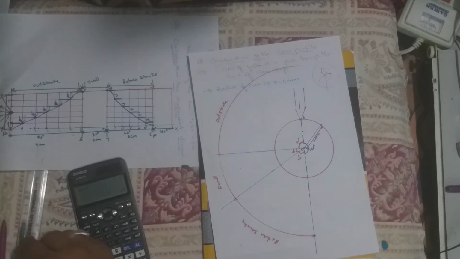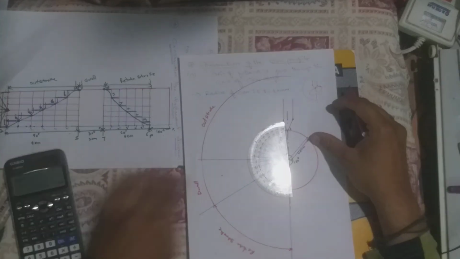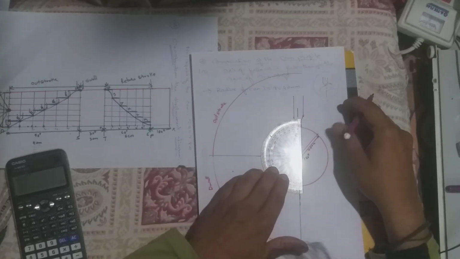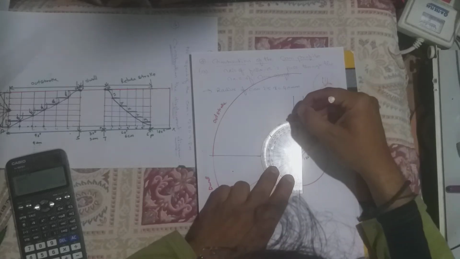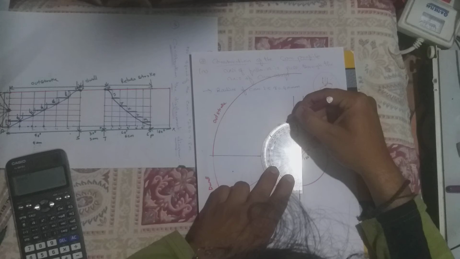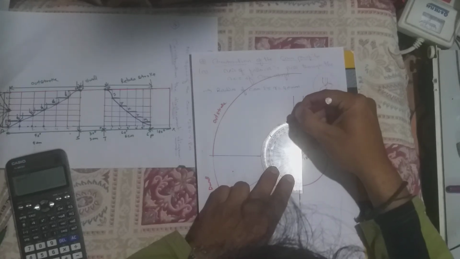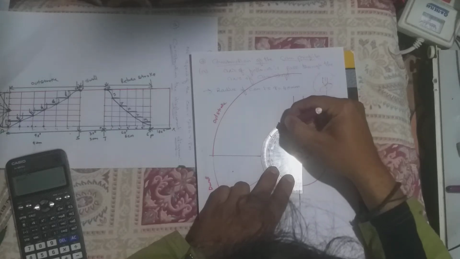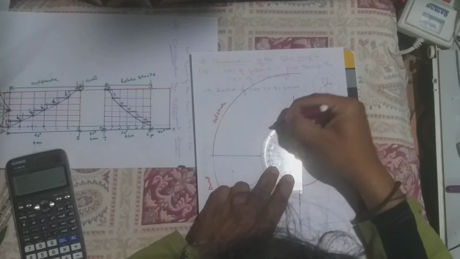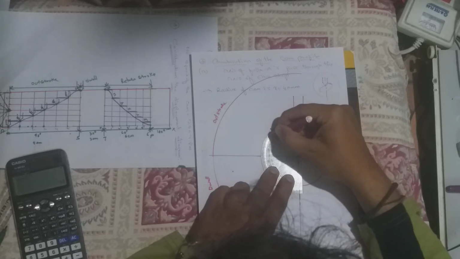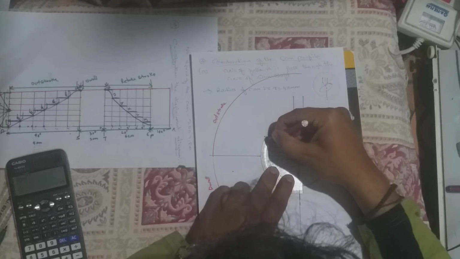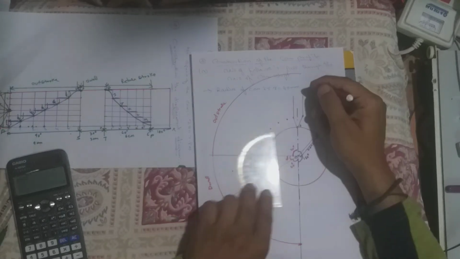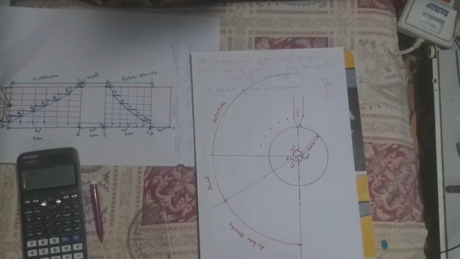On that protractor you have to take the 15 degree for each individual part. 15 degree, 10, 15, then next 10, 15, and so on. Last is there. Okay, draw the lines.